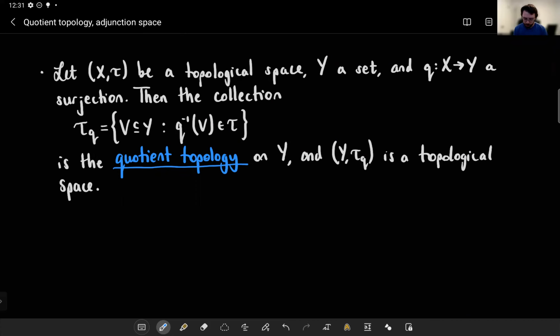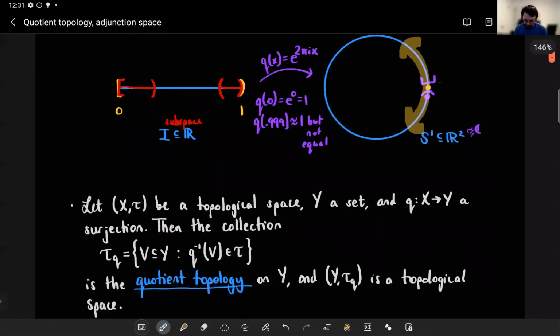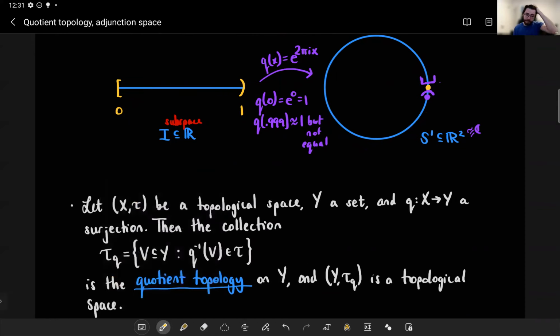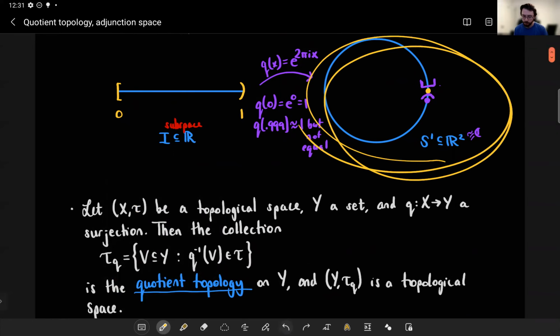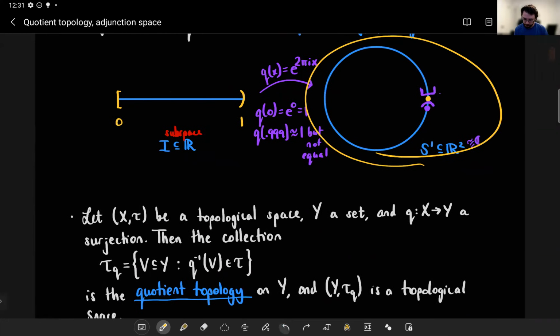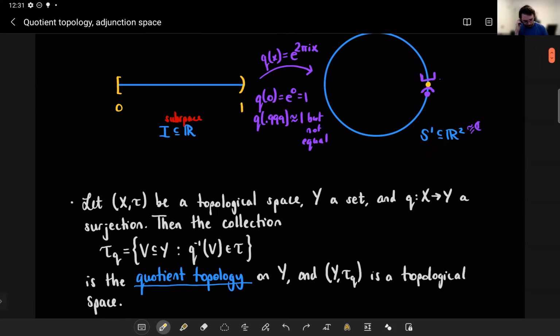So what you can say then is that looking back at this example, let me erase my red set and my highlighted set. The open sets in Y, so now I'm thinking about this circle as Y, my codomain, and originally I didn't have a topology defined on it, but now the topology is sort of inherited from the function Q and the topology on my domain.